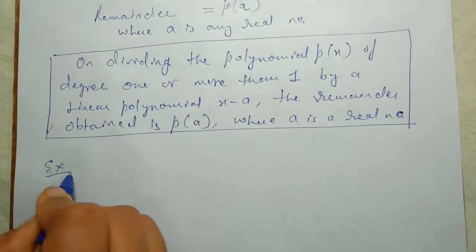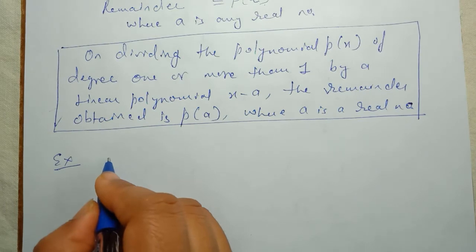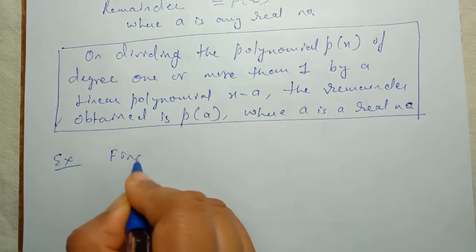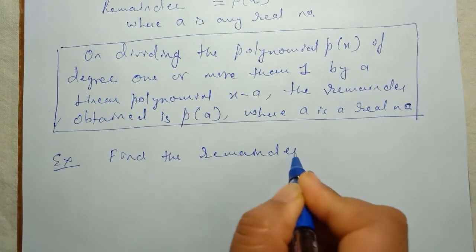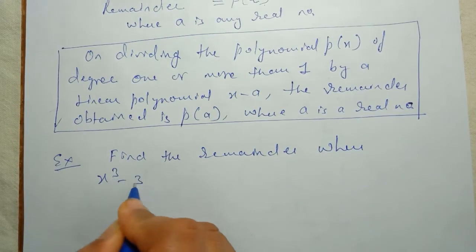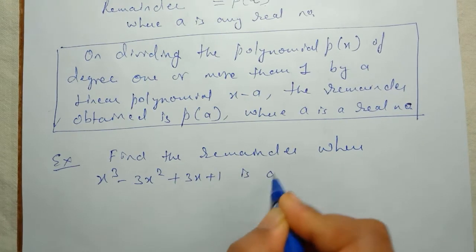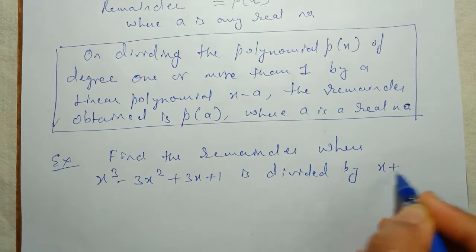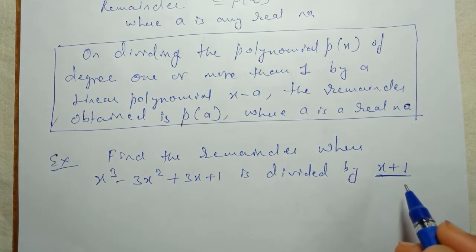Suppose we have to find the remainder of a polynomial when it is divided by a linear polynomial. We are taking the example: find the remainder when the polynomial x cube minus 3x square plus 3x plus 1 is divided by x plus 1. x plus 1 is a linear polynomial.